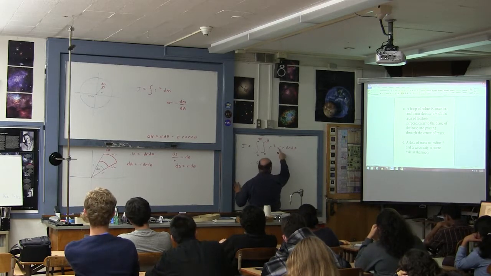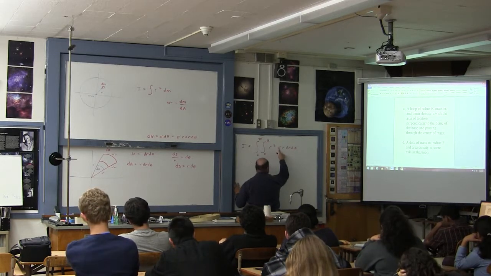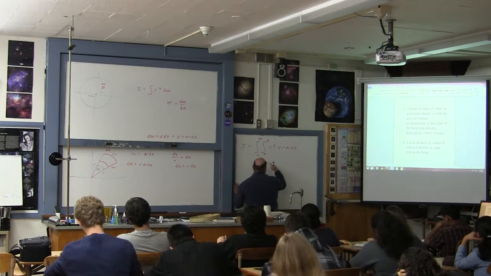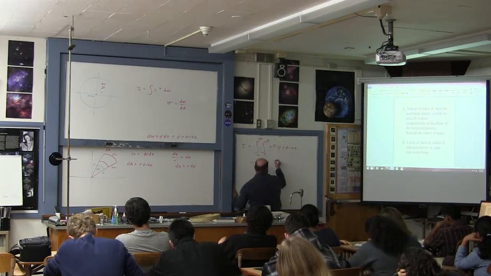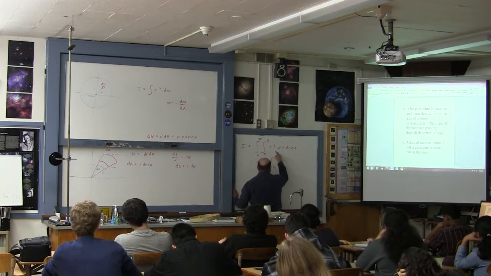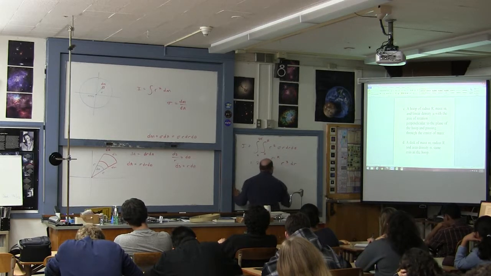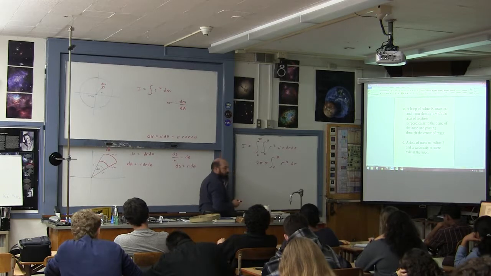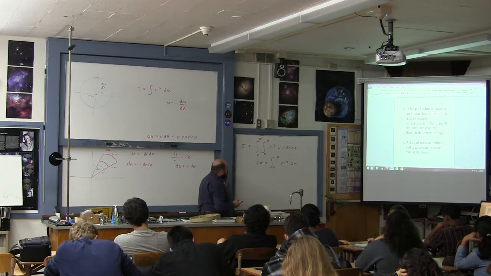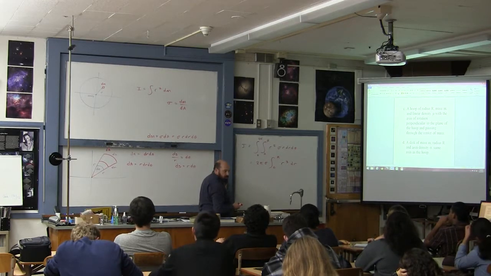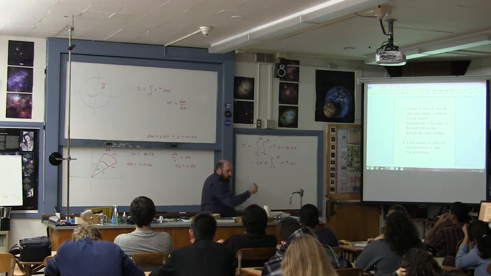Okay, then, I've got sigma here, which is also a constant, so let me pull it out. And then all that's left now is 0 to R, that integral, of r squared times r, r cubed, here, like so. Okay, now what is the integral of r cubed? 1/4 r to the 4th.